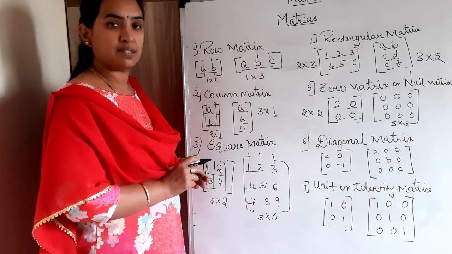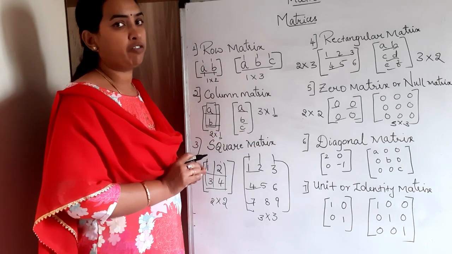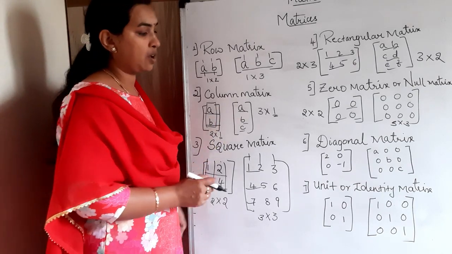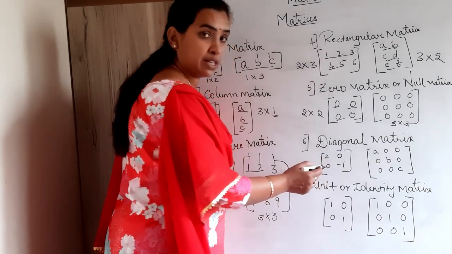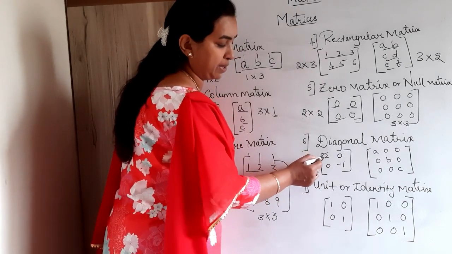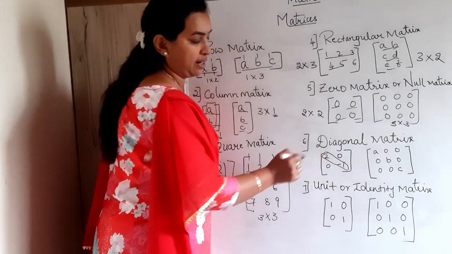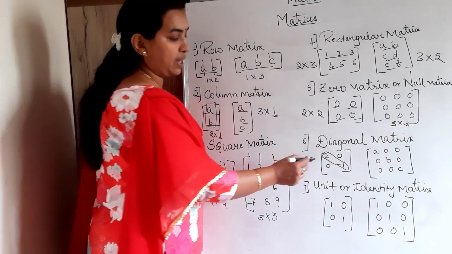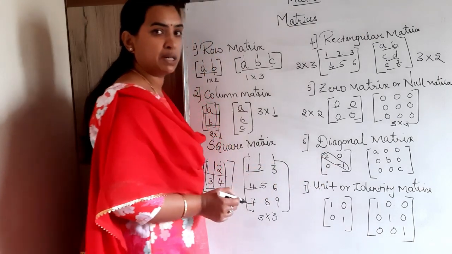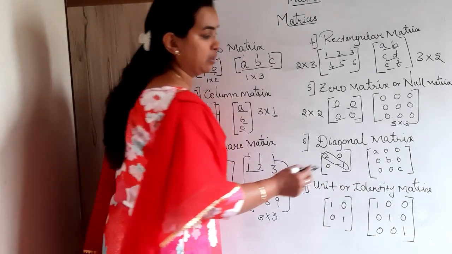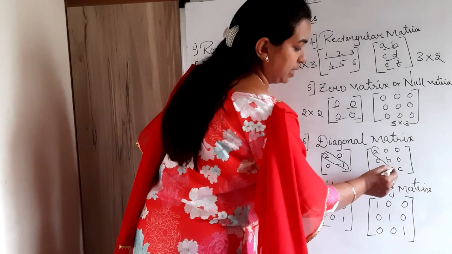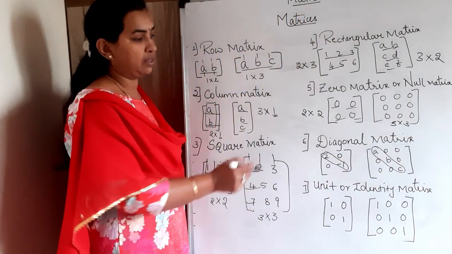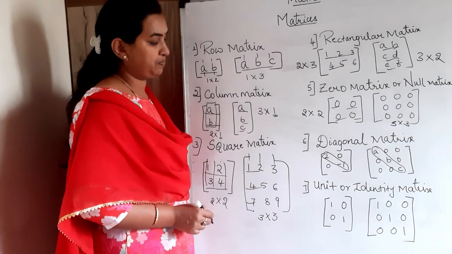That is, the number of rows must be equal to the number of columns. And all the elements must be 0 except the diagonal elements. See, this represents the diagonal elements. All the elements other than the diagonal elements must be equal to 0. Similarly, here all the elements are 0 except the diagonal elements.